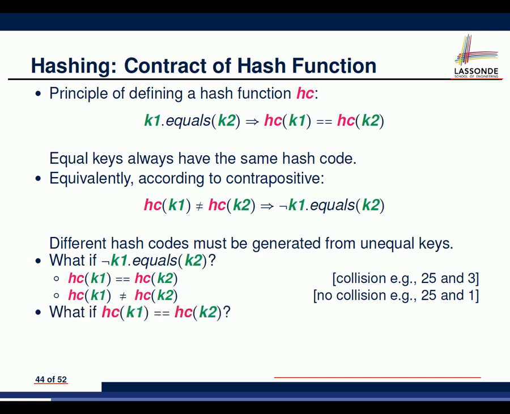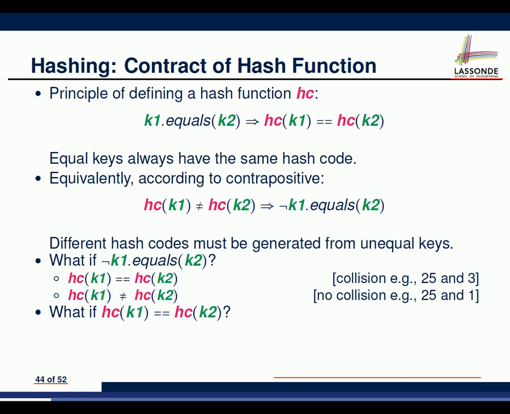What about the next one? If I say the two hash codes are the same, do these two keys necessarily have to be the same or different? Or can either one be possible? Keys could be different. Yeah, keys can be different, or can be the same.